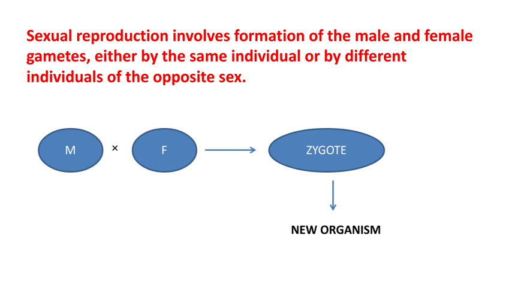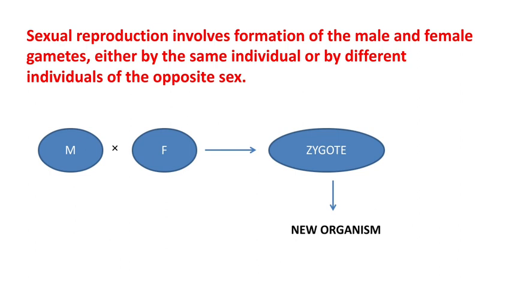But in sexual reproduction, we need two gametes, one from the male parent and another from the female parent. In some organisms, male and female gametes are produced by the same organism. But for sexual reproduction, it's very necessary that you have one male gamete and another female gamete, right?